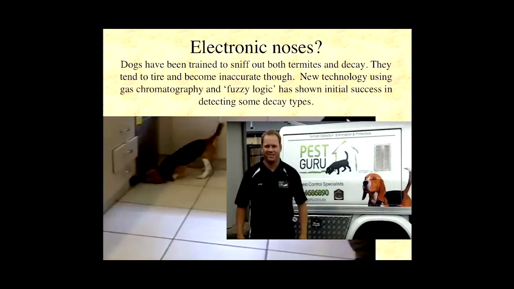And they are developing and have developed things like small gas chromatographs, which can sniff out some of the volatiles that are produced by decay fungi, and through various combinations of fuzzy logic statistics, you can analyze and smell the air, there's decay. So those are some things that are coming down the line.